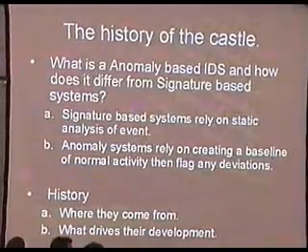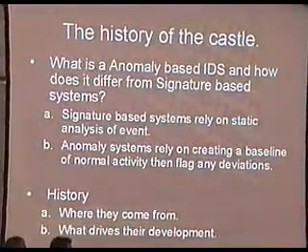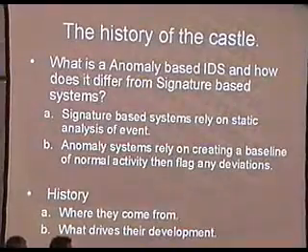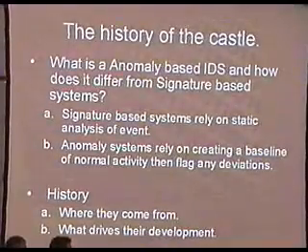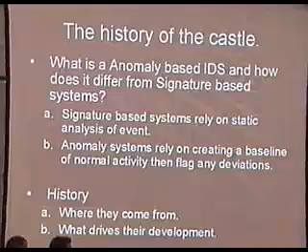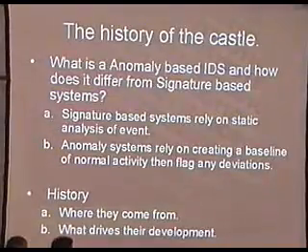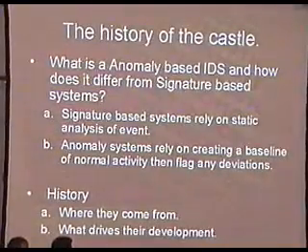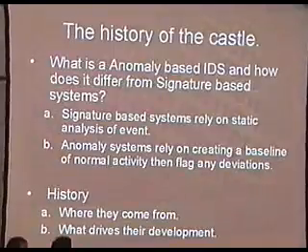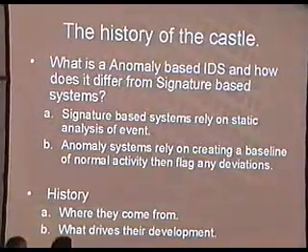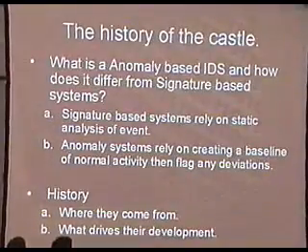Anomaly-based intrusion detection systems rely mostly on creating a network baseline, something that it can compare against, and then checking how much a host or a network segment will vary from that. Meaning that over time, as things grow, the theory is that your network's not going to change much, and if it does change much, the anomaly-based intrusion detection system should be able to integrate with that.